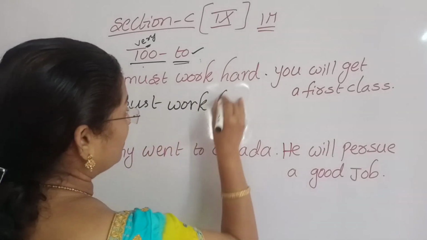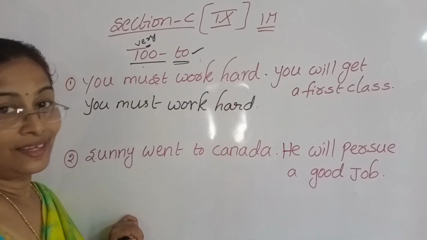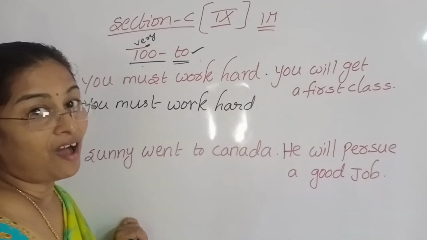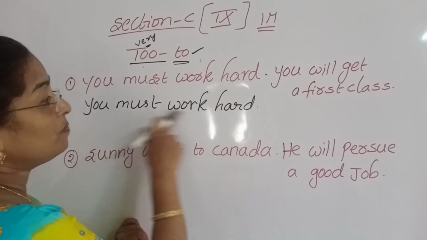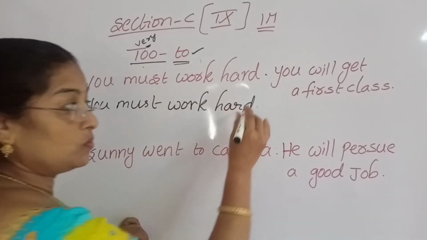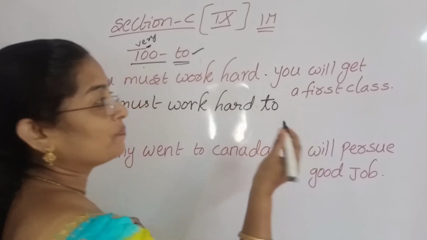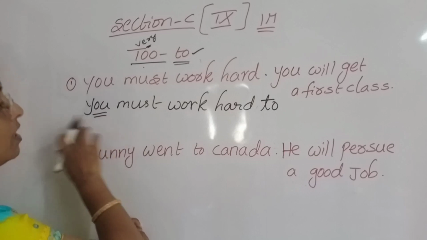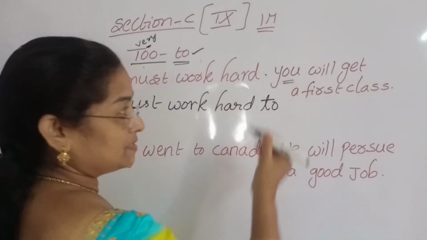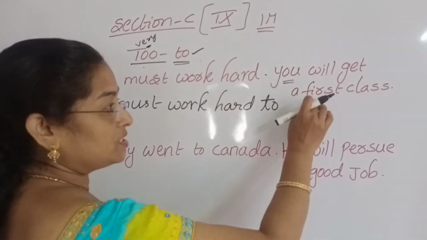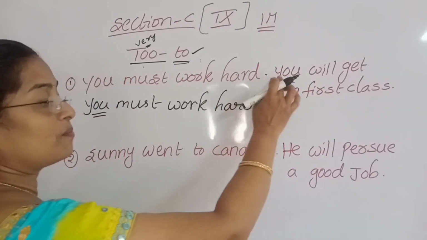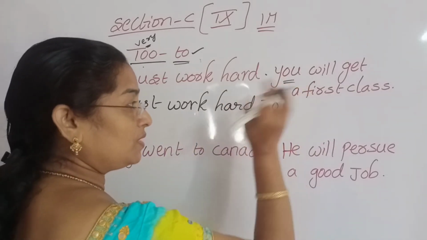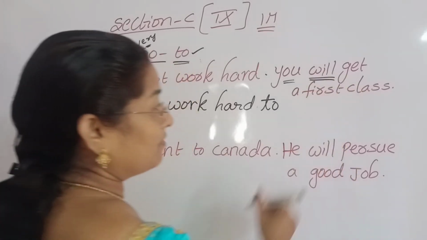యూ మస్ట్ వర్క్ హార్డ్. టూ అంటే ఏంటండి? కొరకు అంటే మనం ఏదైనా ఒకటి సాధించాలి అంటే హార్డ్ వర్క్ చేయాలి. సో ఇక్కడ నువ్వు హార్డ్ వర్క్ చేస్తున్నావు. ఎందుకు? ఇక్కడ అగైన్ వన్ టైమ్ వీ హ్యావ్ యూజ్డ్ ప్రొనౌన్ యూ కాబట్టి వీ నీడ్ నాట్ టు రిపీట్ అగైన్ దిస్ ప్రొనౌన్ బికాజ్ in question these are two sentences but in answer we are making these two sentences as one, so need not to repeat this pronoun you again and no need of helping verb also.